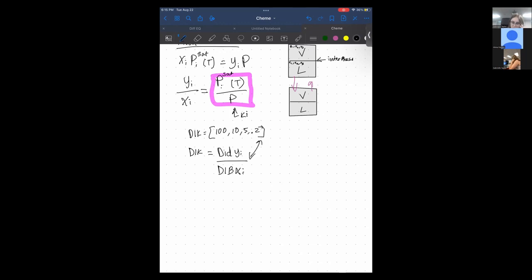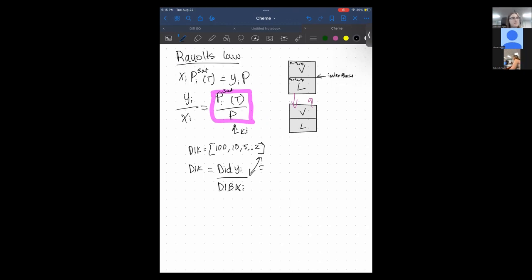So this is going to be our Ki constant. If we subtract them together, we're going to be equal to 0. So this is one way that we could check ourselves, to see if this equals each other, which would help find our Yi's and our Xi's in these distillates, right?